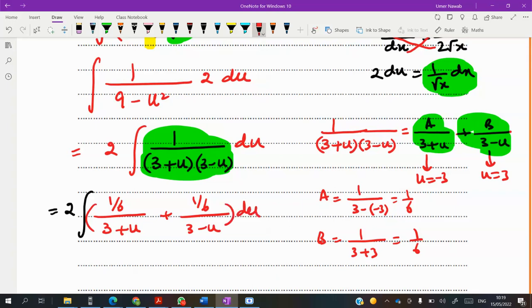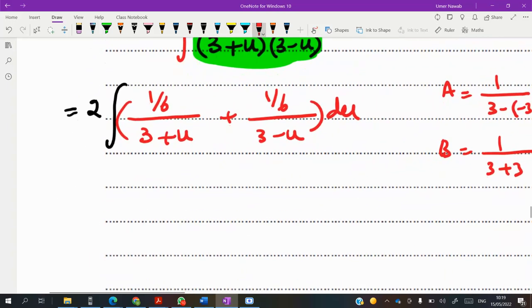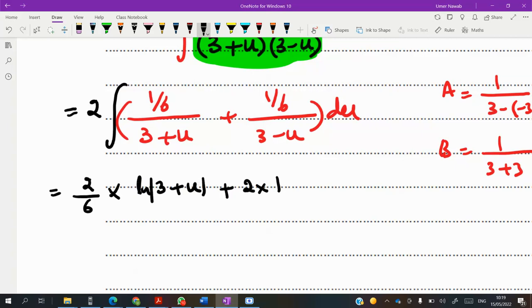Now we will apply the integration. So 2 over 6 integration of 1 over 3 plus u is ln of 3 plus u. Same thing, 2 multiplied with 1 over 6, or 2 over 6, we can write it as. This is ln of 3 minus u.